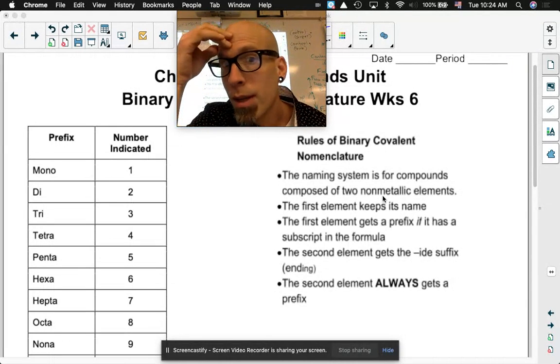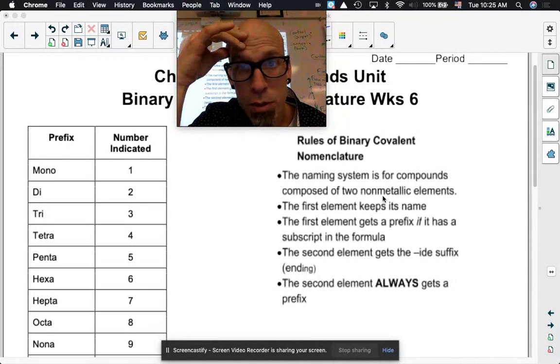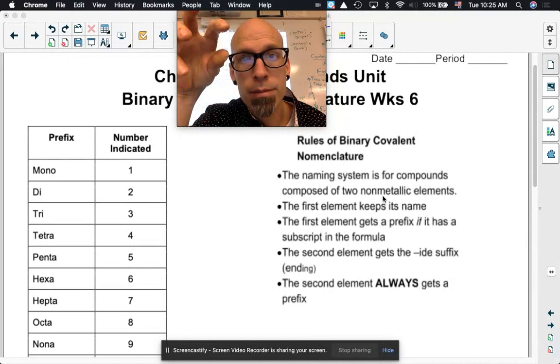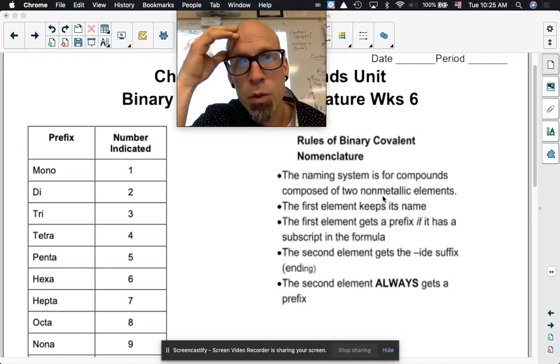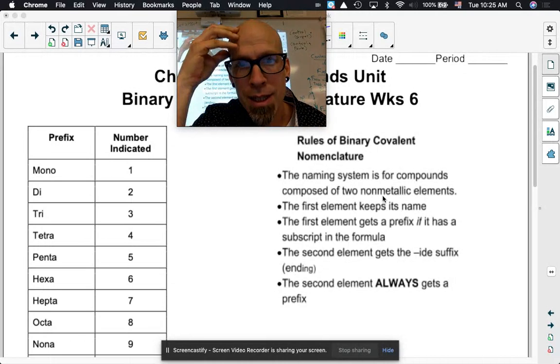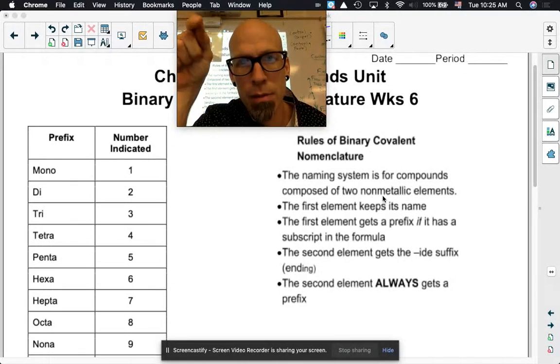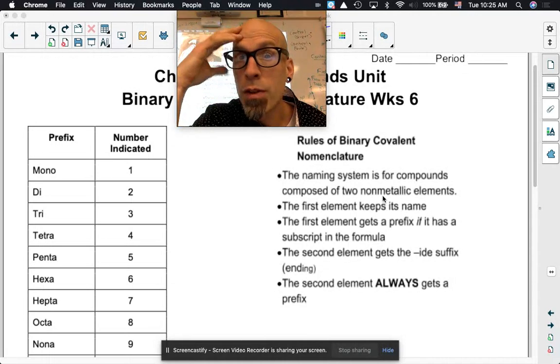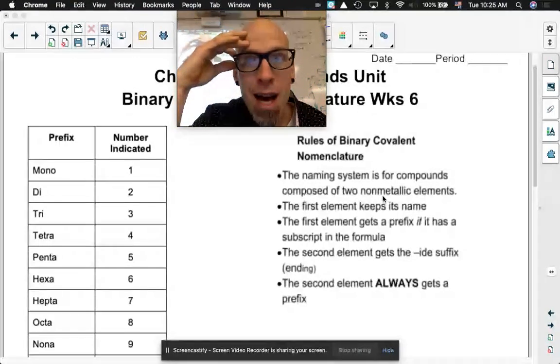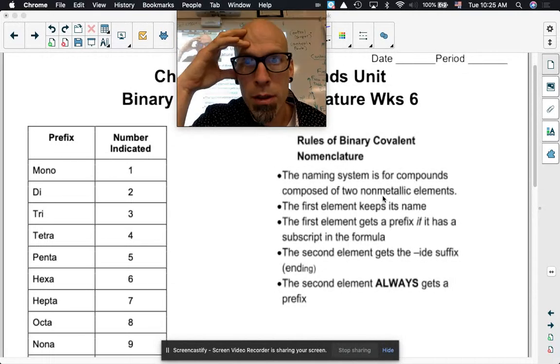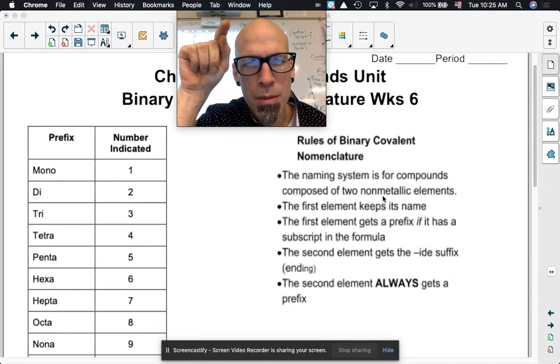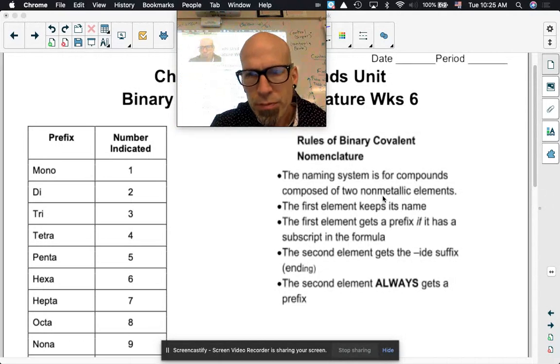If you've noticed, all of our examples so far for covalent are non-metals. We haven't had any metals in these compounds. And for ionic, all of them had a metal involved. So that's something to keep in mind for in a few minutes.